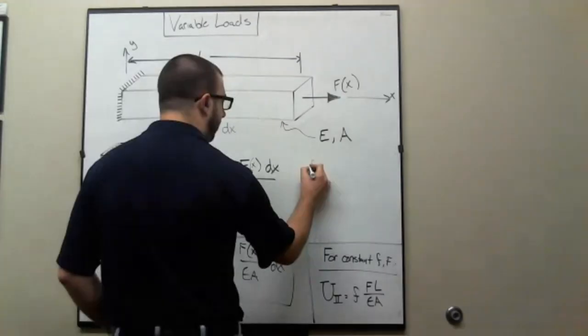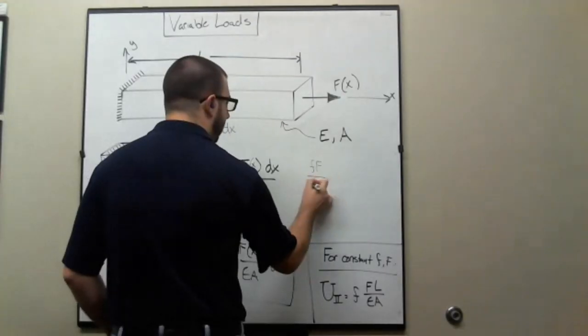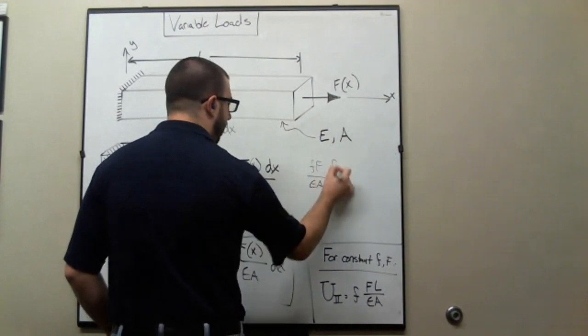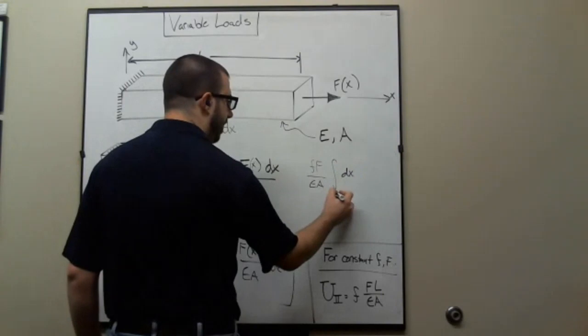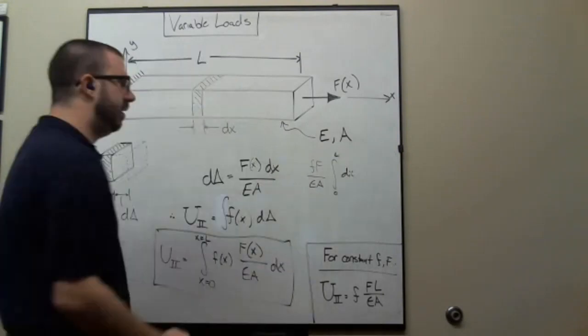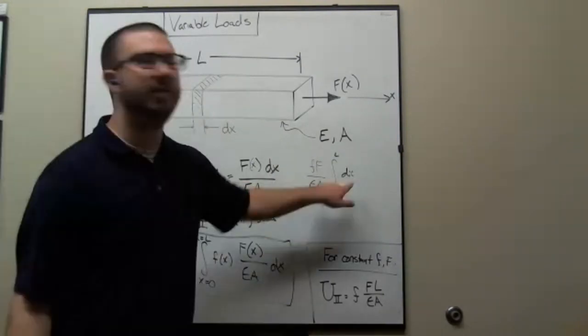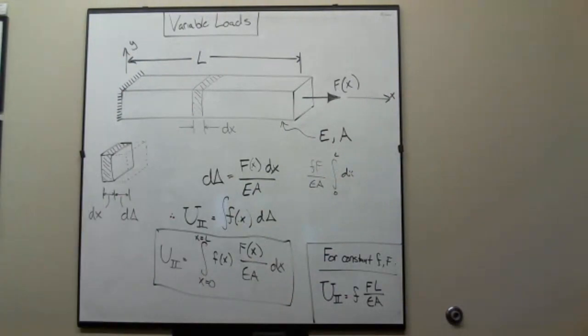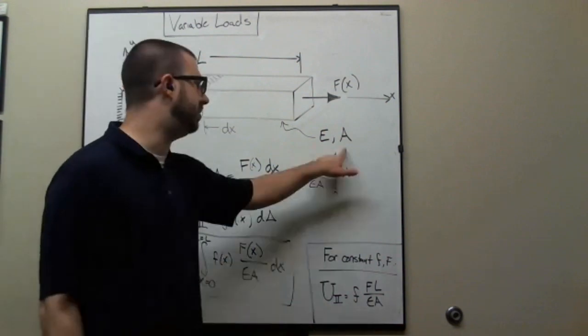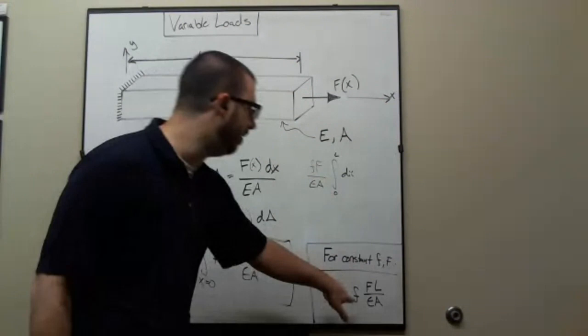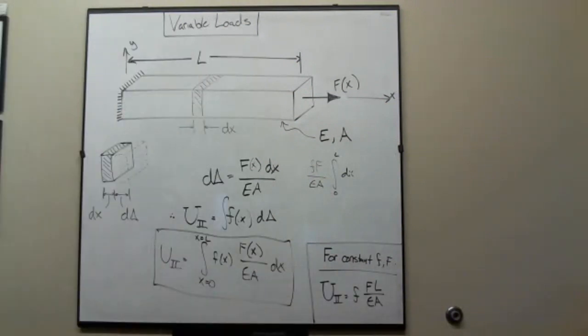I'd have a little f, a big F, an E, and an A, and then what would be left inside the integral would just be dx, evaluated from 0 to L. What is the integral of dx from 0 to L? The integral of dx is x, so we plug in the top number minus plug in the bottom number, and L minus 0 is L, and we get the same thing that we had before.